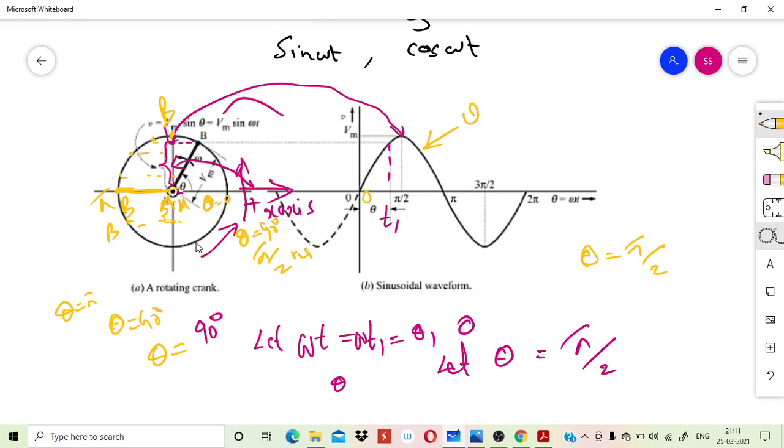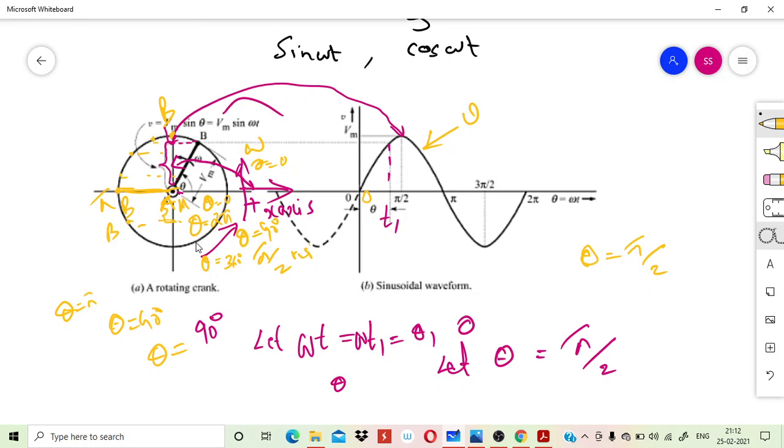And as this happens, this rod or the phasor is rotating with an angular frequency omega, or angular speed or angular velocity omega, from theta equal to 0, that is coinciding with the x-axis, and it is rotating in the counterclockwise direction, that is anti-clockwise direction, from theta equal to 0 to theta equal to 2 pi, or 360 degree.